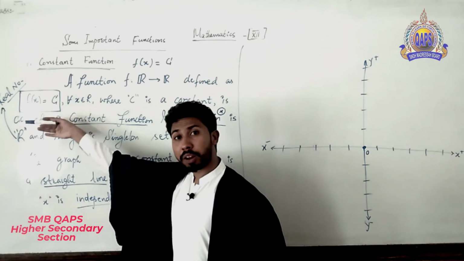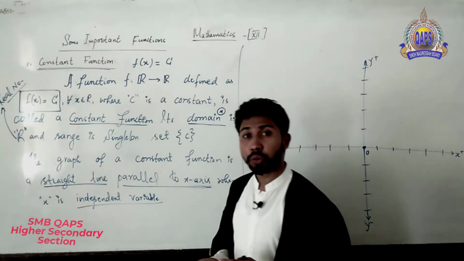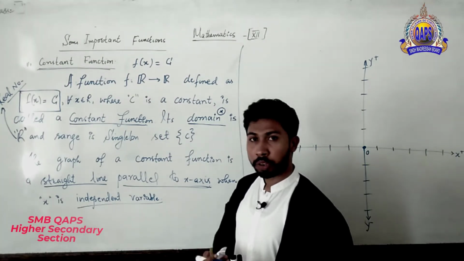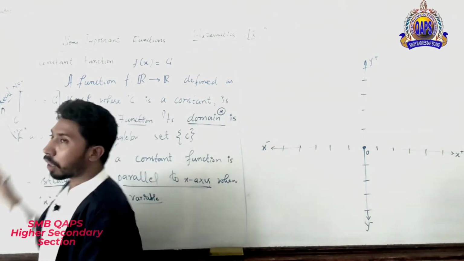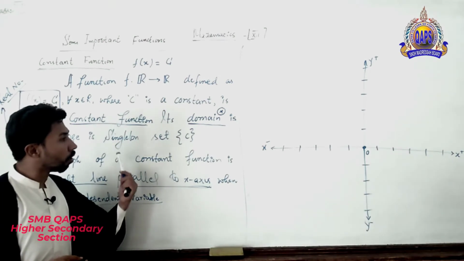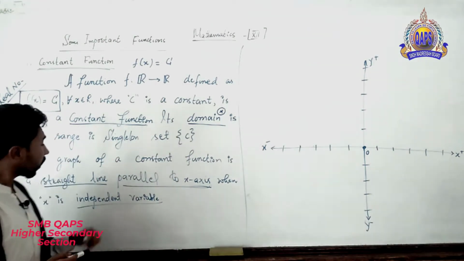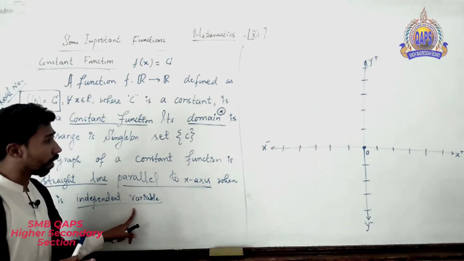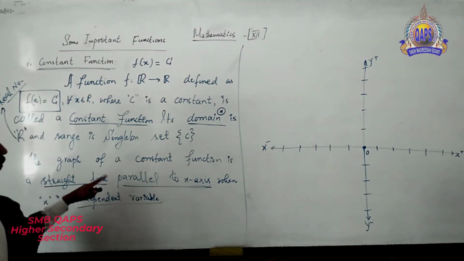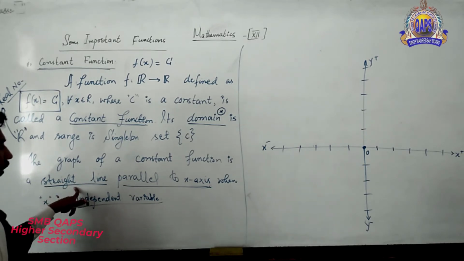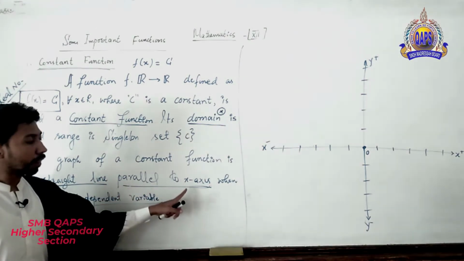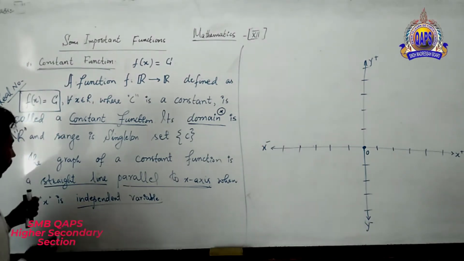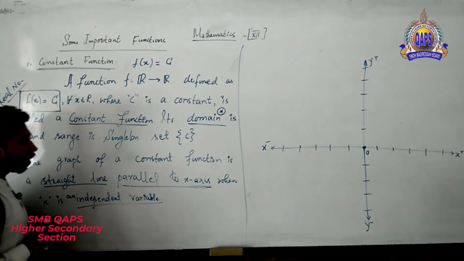If we give an input, then the function creates an output. So the graph of the constant function is a straight line parallel to the x-axis when x is an independent variable.